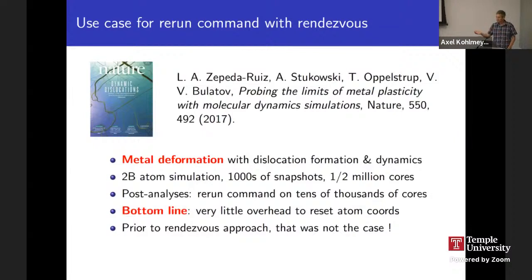It was dreadfully slow to process this volume of data after the fact. So we implemented this rendezvous approach. I don't have specific times, but according to Alex Stokowski, it now has very little overhead to reset these atom cores. All the time is spent doing the analysis, so they can now be fairly productive, which they weren't able to do without it.